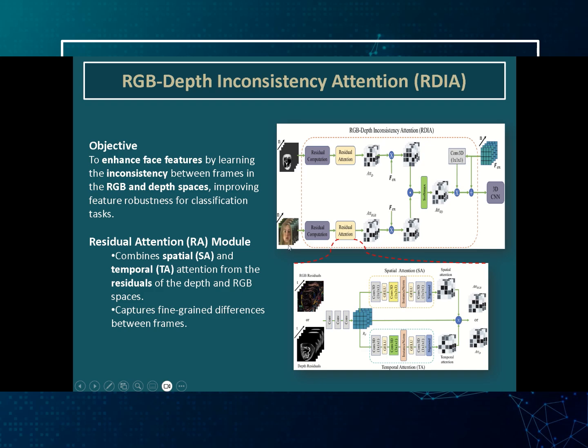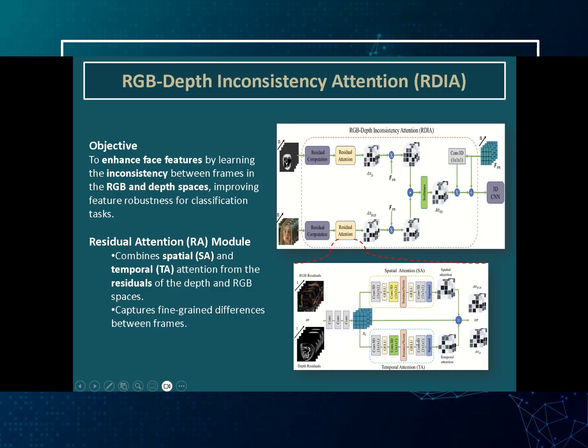They take both frames, the RGB and the depth map as well, and they find the residual computation. How do they find the residual? They compute frame I plus 1 minus frame I. By this they find the residual.